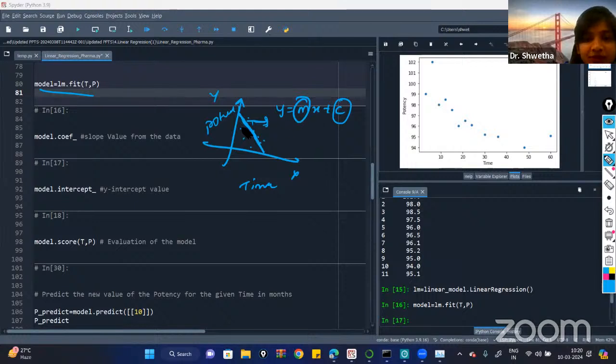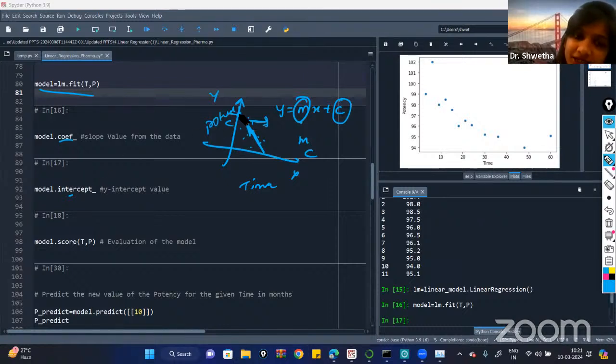What would be the M? M would be the slope and C would be the intercept. model.coefficient will give us the slope value, the M value, and model.intercept will give us the C value or intercept value.